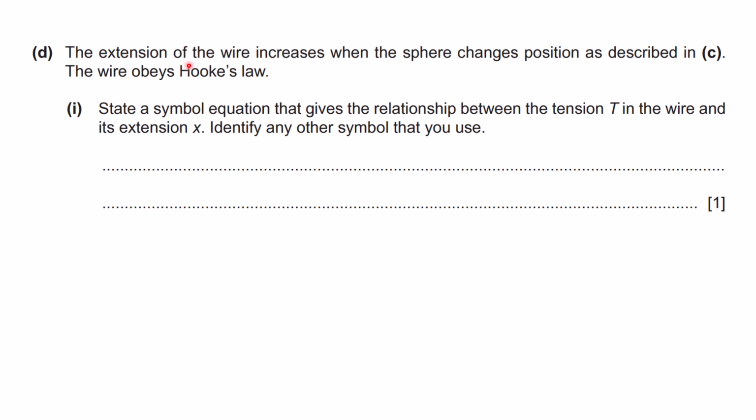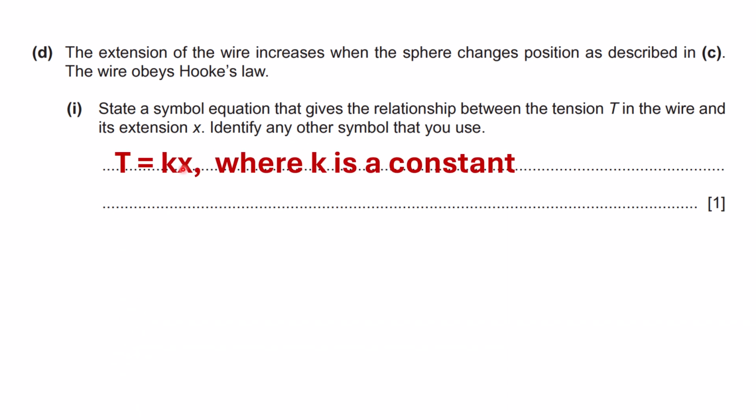Now the next question talks about the extension of the wire, which increases when the sphere changes position as described in C. The wire obeys Hooke's law; state a symbol equation that gives the relationship between the tension in the wire and the extension, and identify any other symbol that you use.